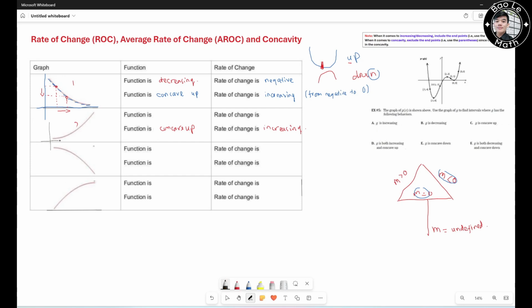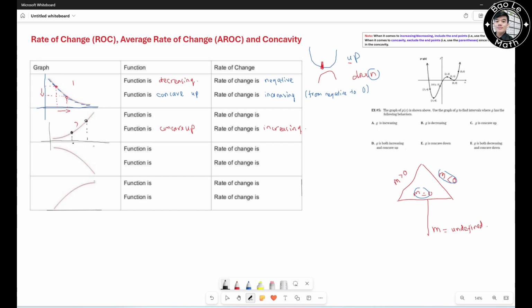Now we get x and y coordinate. Now the function goes from left to right. Pick 2 points right here. Project down to the x-axis.